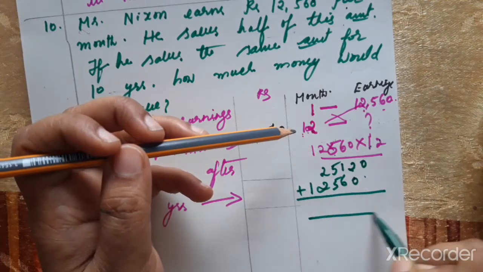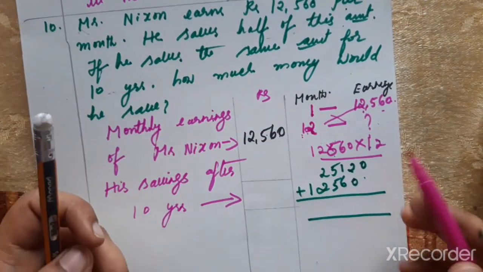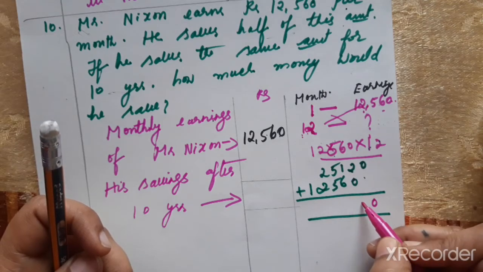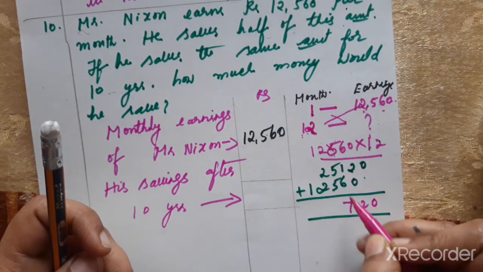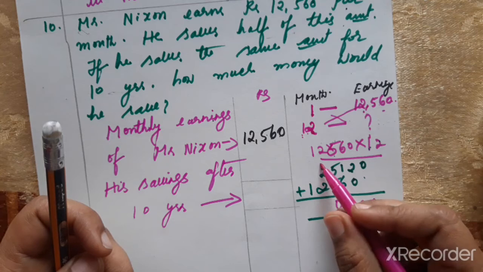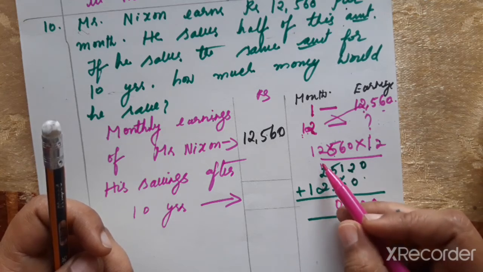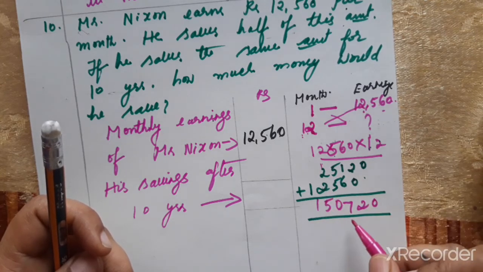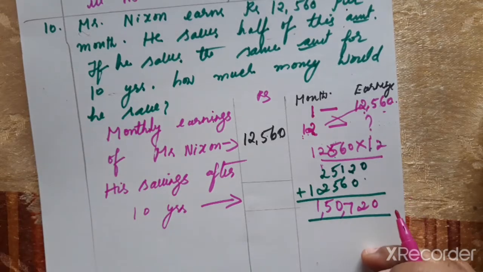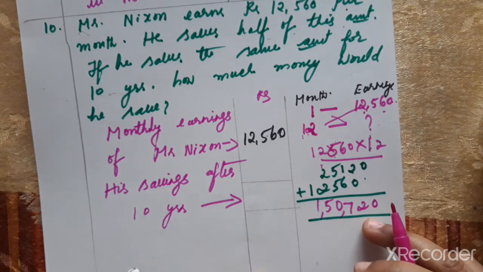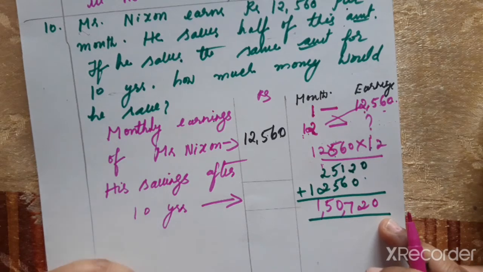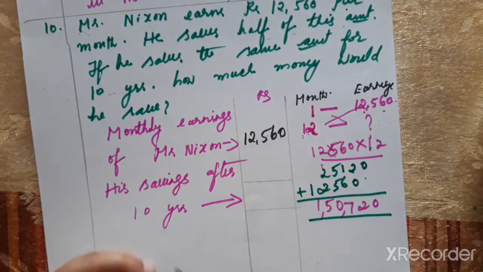Add the total now. 0, 2 plus 0, 1 plus 6 is 7, 5 plus 5 is 10, so 0, 1 carry to the next place, 2, 2, 4 plus 1 is 5, and 1. 1,50,720 is the yearly earnings. So 1 year earnings.